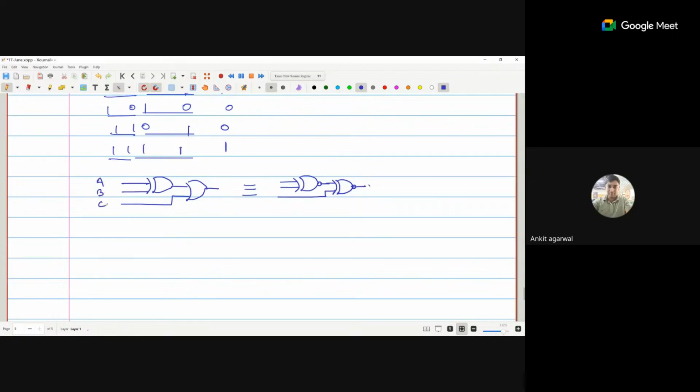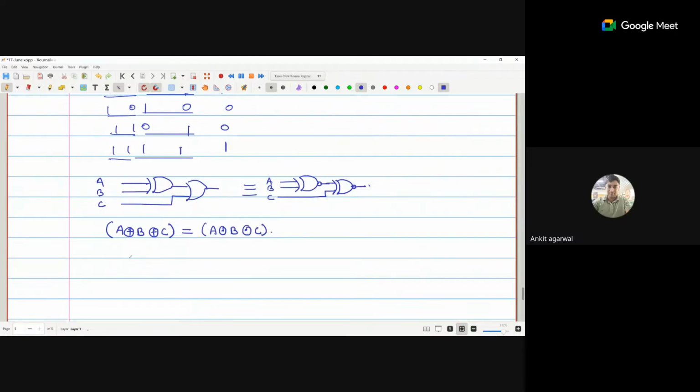Okay, A, B, C, A, B, C. So A XOR B XOR C is equal to A XNOR B XNOR C.